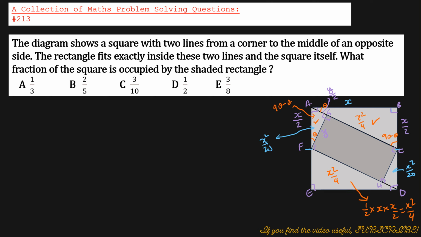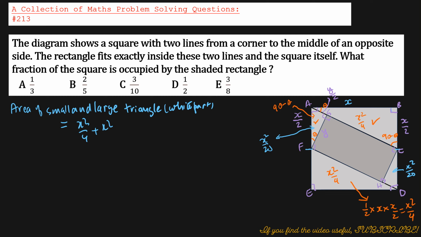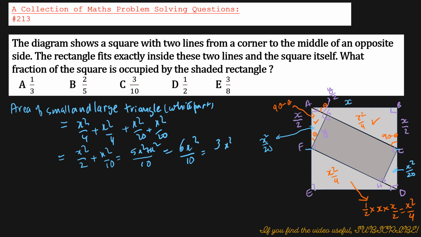So we can write area of all the small and large triangles, white part, would be equal to x square out of 4 plus x square out of 4 plus x square out of 20 plus x square out of 20, and that would give you x square out of 2 plus x square out of 10, and that would give you 5x square plus x square, that is 6x square out of 10, that is 3x square out of 5. So that's the area of all the white part.